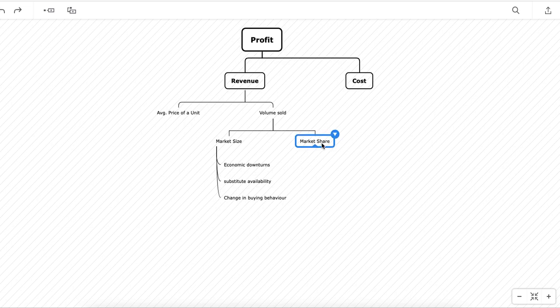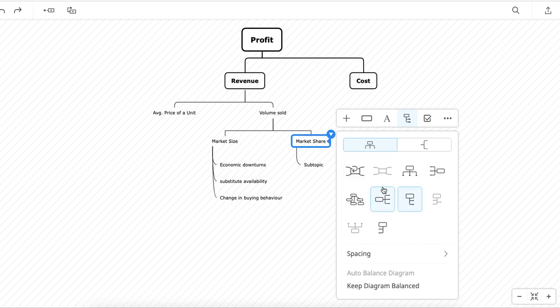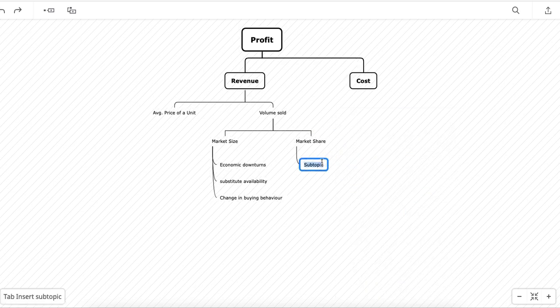Now, market share: how or what will affect market share? At least in my B school we used to study three things to do a quick check on market share, and these are basically marketing related. I'll list out the names, and maybe in another video, when I'm taking a deeper session on this, I'll explain each of those things in detail.